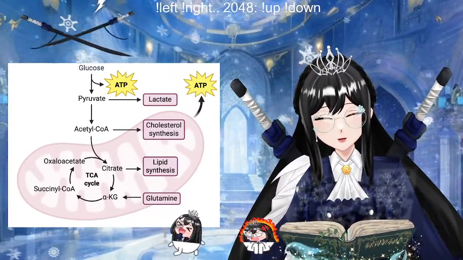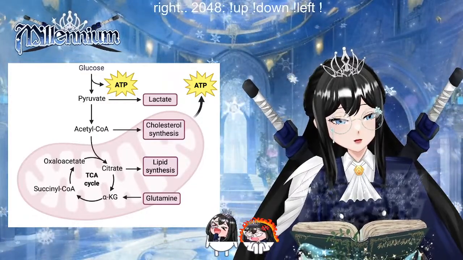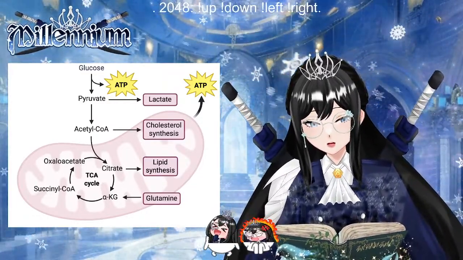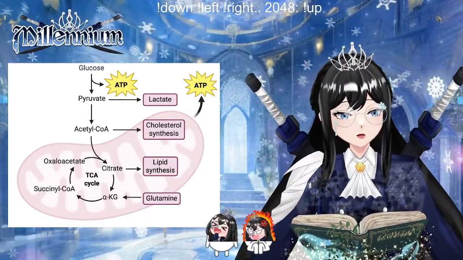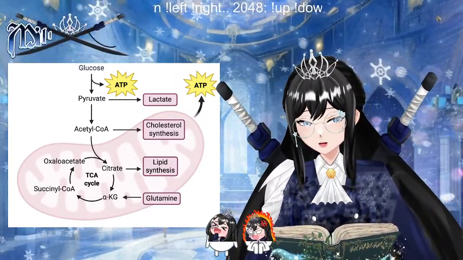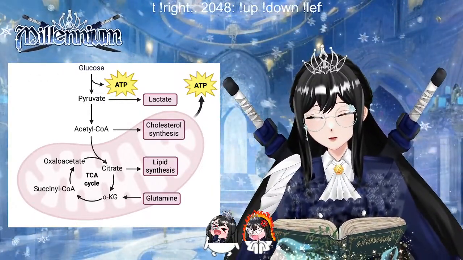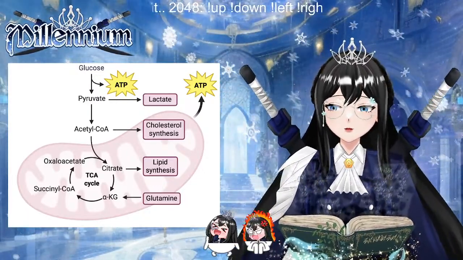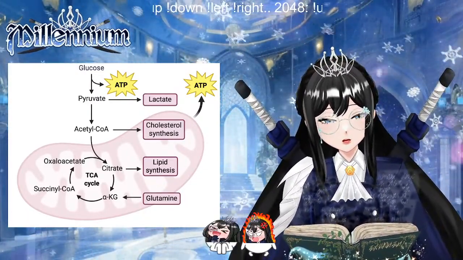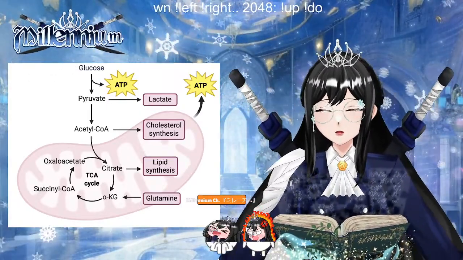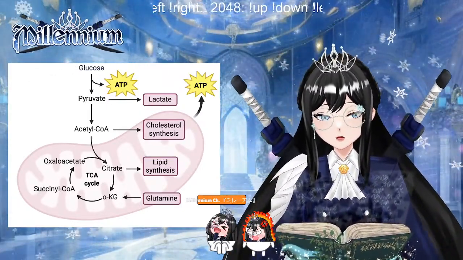You have glucose, use up ATP to convert it into glucose 6-phosphate. Glucose 6-phosphate is converted into fructose 6-phosphate.